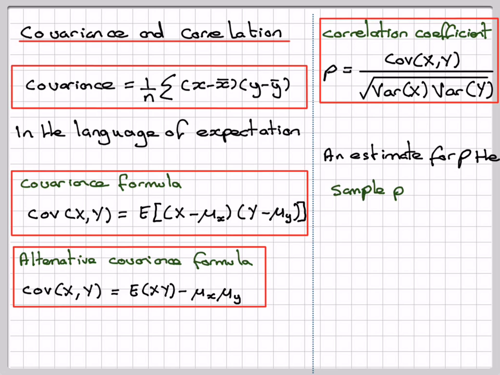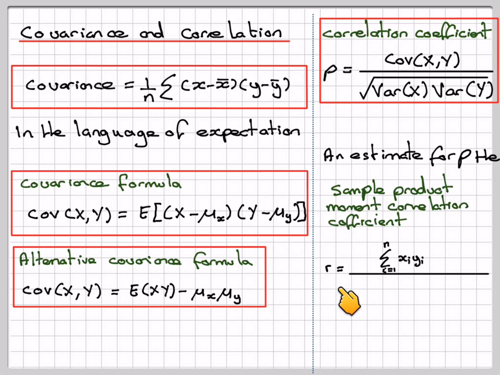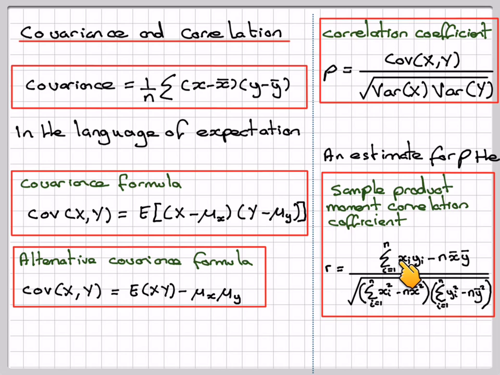As an estimate there's the sample product moment correlation coefficient, r, which can also be calculated using the calculator: the sum from i to n of x_i y_i minus n x bar y bar, divided by the square root of the sum from i to n of x_i squared minus n x bar squared, times the sum from i to n of y_i squared minus n y bar squared. You'll be pleased to know that this formula is written into your formula booklet, so you won't need to remember it, but you should think about how it works.